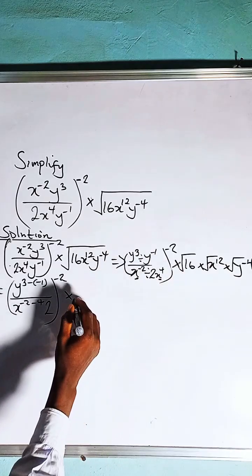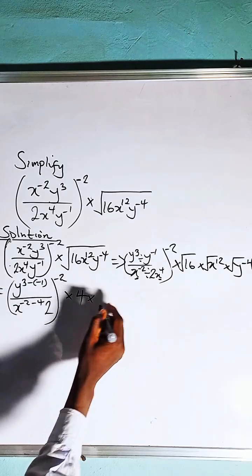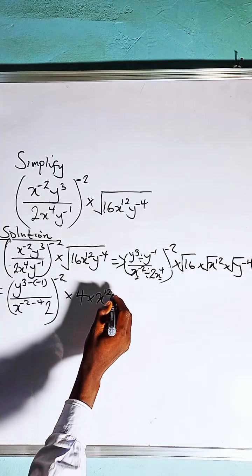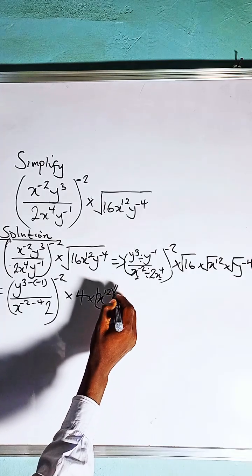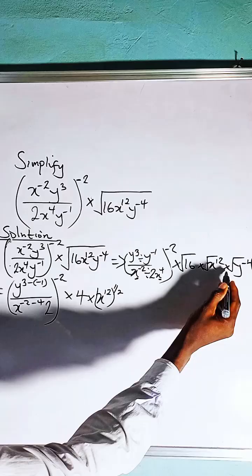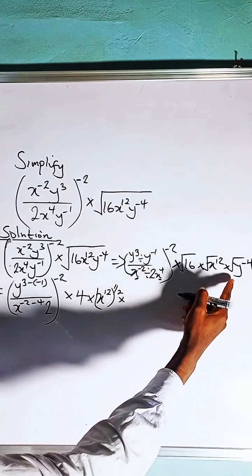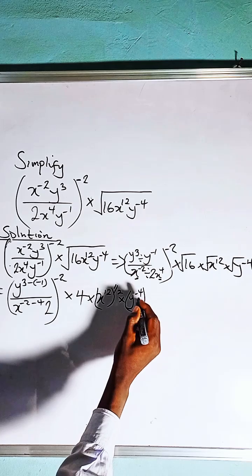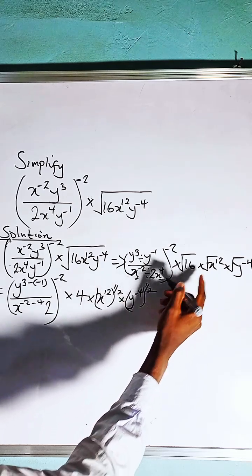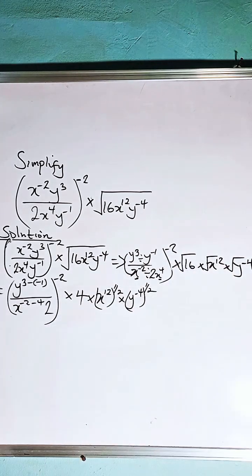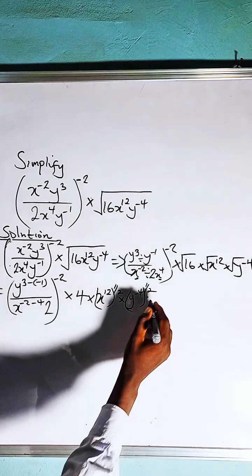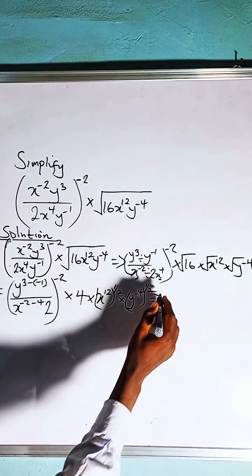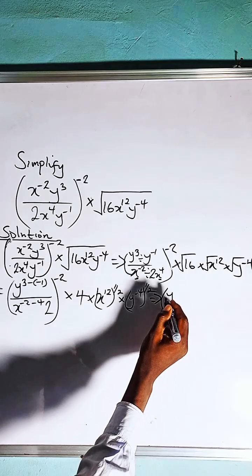For the square root of 16 we have 4, times x to the power 12 with exponent half, which is x to the power 6, times y to the power minus 4 with exponent half, which is y to the power minus 2.